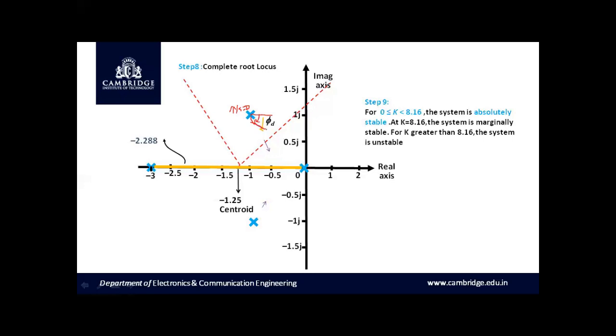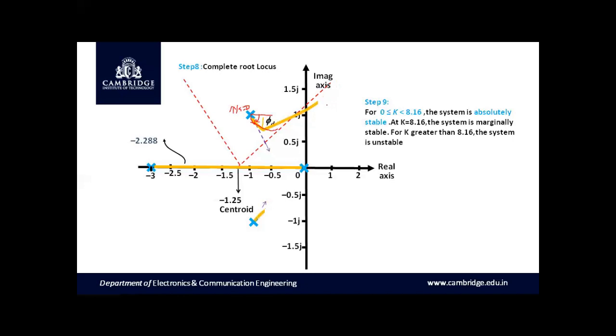And when k keeps on increasing, it takes a path which will be directed by the asymptotes at 45 degree, and we are able to see the movement here, which intersects the imaginary axis. And when k increases, we can see the movement of these branches, which is guided by the asymptote.